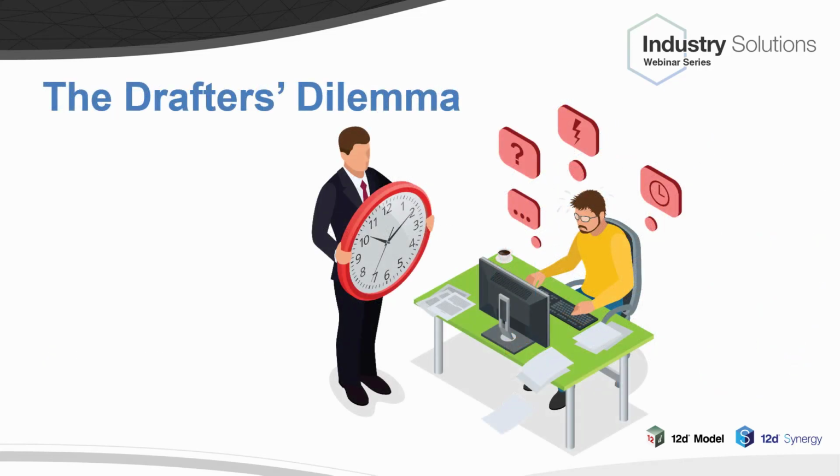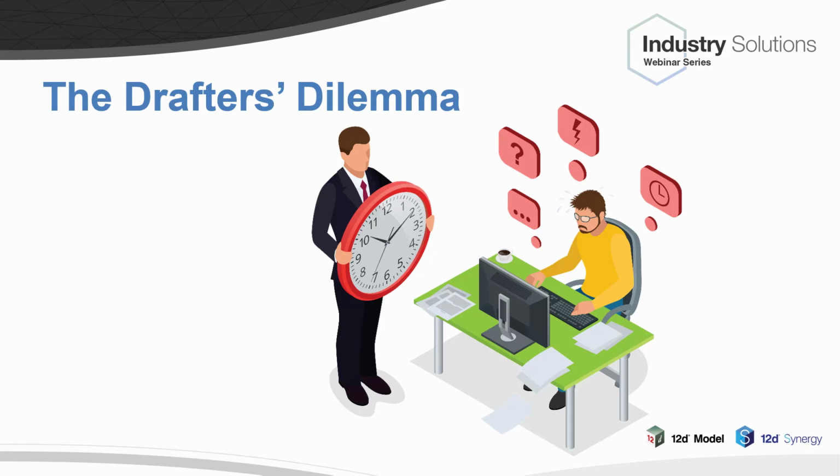To get a better idea of this drafter's dilemma that we're talking about, I want you all to picture this. It's late Friday afternoon at your office. You're nearing the end of what's been a really stressful week for yourself. You have a major project due on Monday. The final changes have been made. Your team have absolutely nailed it.